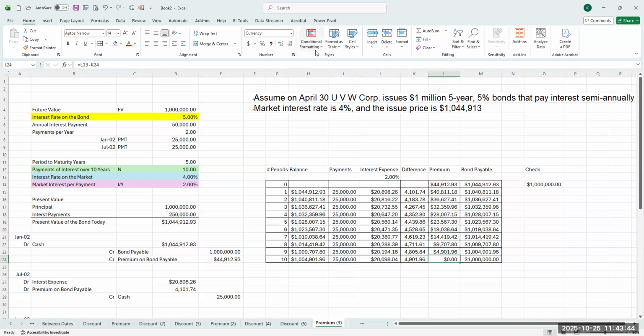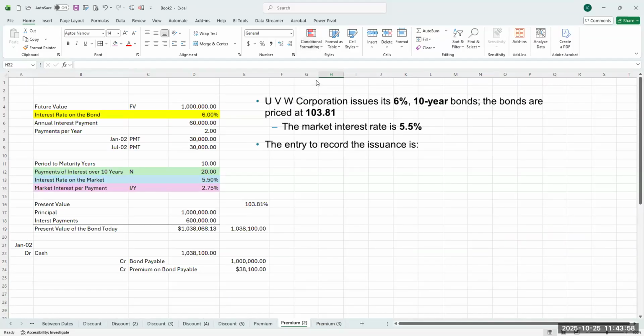So once you see a question with bonds, what I want you to do in the very beginning is to take a look at the data and think about it.